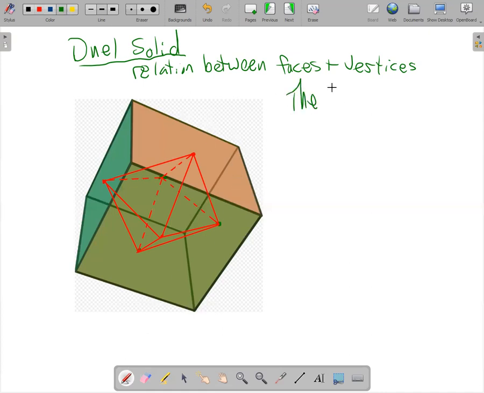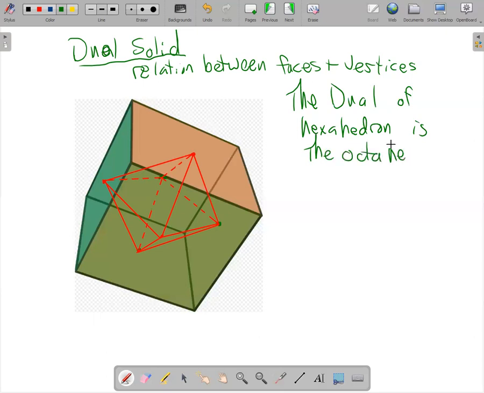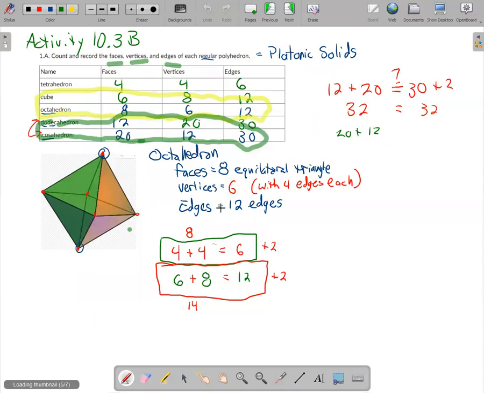So the dual, I spelled the wrong dual there. There we go. The dual of the hexahedron is the octahedron, and we see that two different ways. One way is just from our table, where we just switch the faces and vertices values.